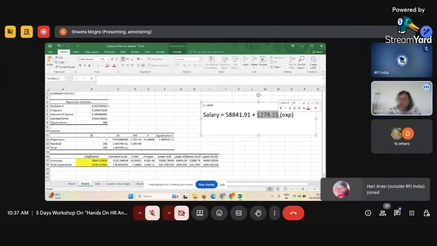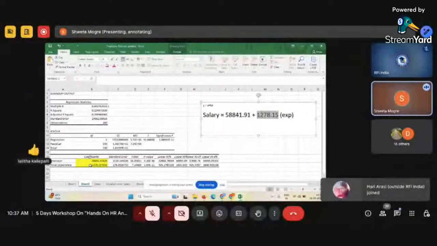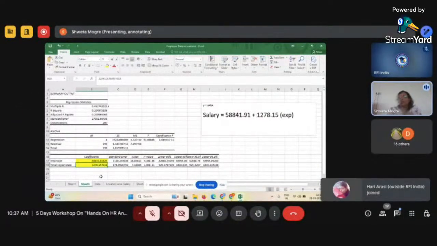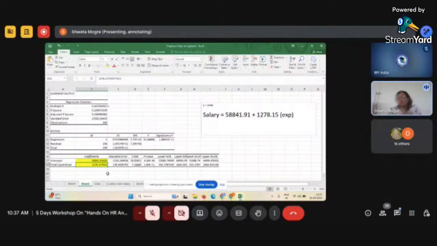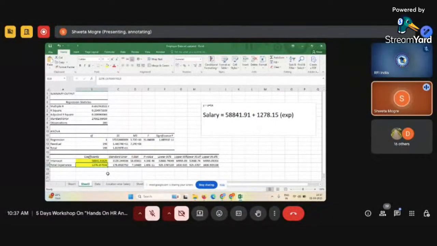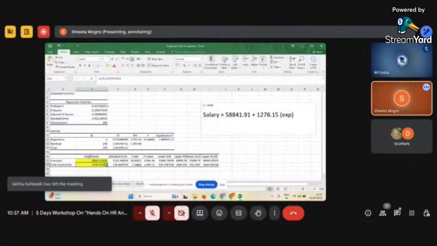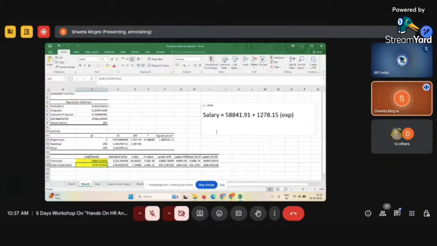Yes, ma'am. Again, what is the sign of this coefficient? Is it positive or negative? 1,278. Positive. Again, it supports your value of R. If the value of R is negative, you will get a negative sign in the place of b, beta. So right now, what is the meaning?